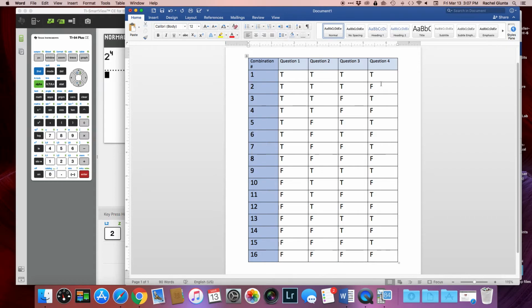The first part of this question asked what is the probability that all of the answers are the same. So we want to know how many of these combinations that would be true for, and then we're going to divide that by the total number of combinations to get the probability. So for them all to be the same, they either need to be all true here or all false here.